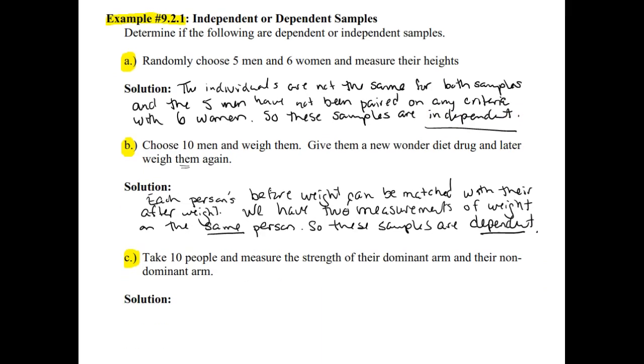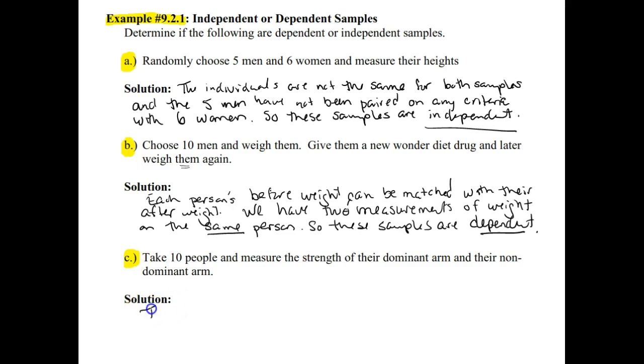And then the last case here is if we take 10 people and measure the strength of their dominant arm and their non-dominant arm. So in this case, although we're taking measurements on 2 different arms, both of those arms are on the same person, and so how strong you are with one arm is probably dependent on how strong you are with the other arm.